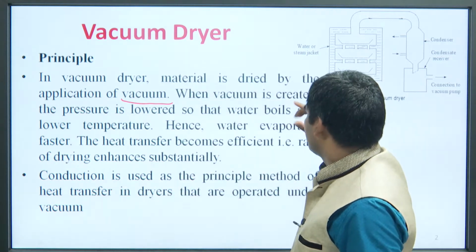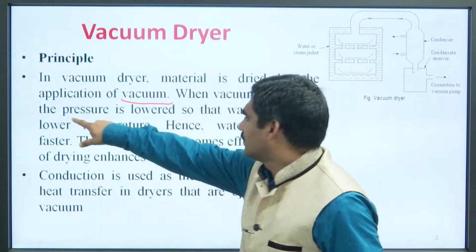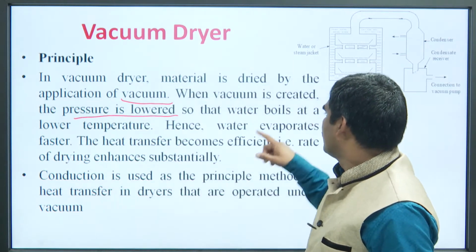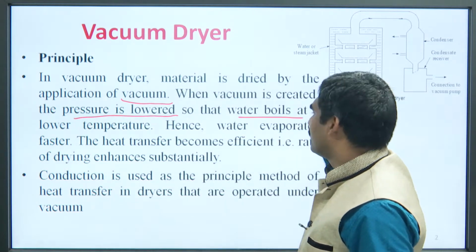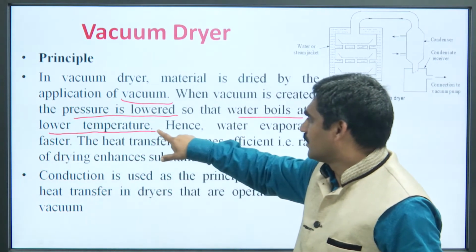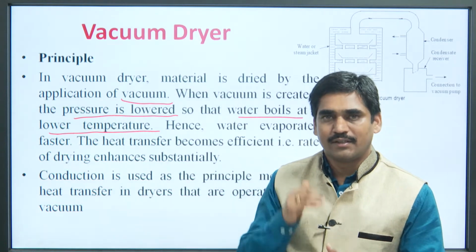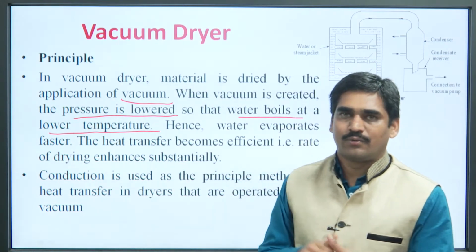So, while vacuum is created, the pressure is lowered, and due to this water boils at a lower temperature. The normal boiling temperature of water is around 100 degrees Celsius, but it boils at a well-below lower temperature.